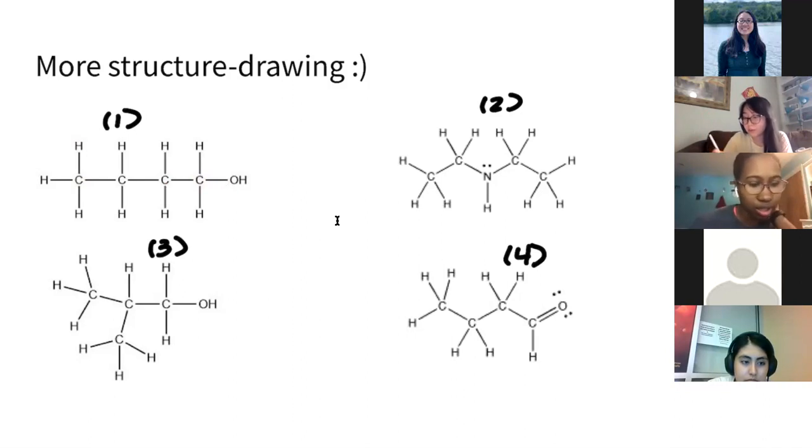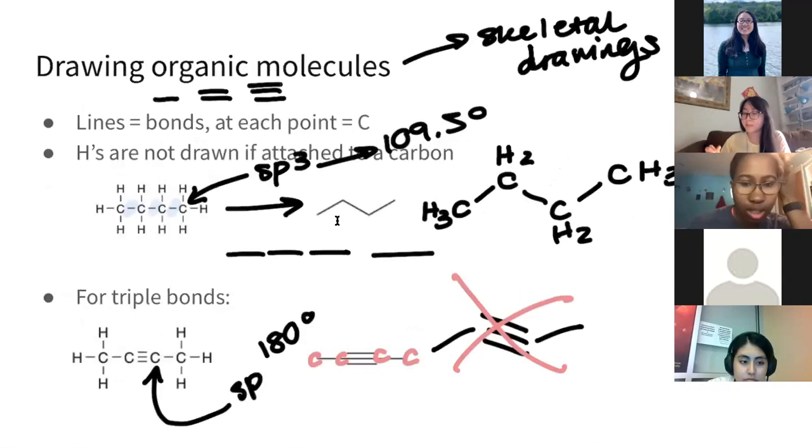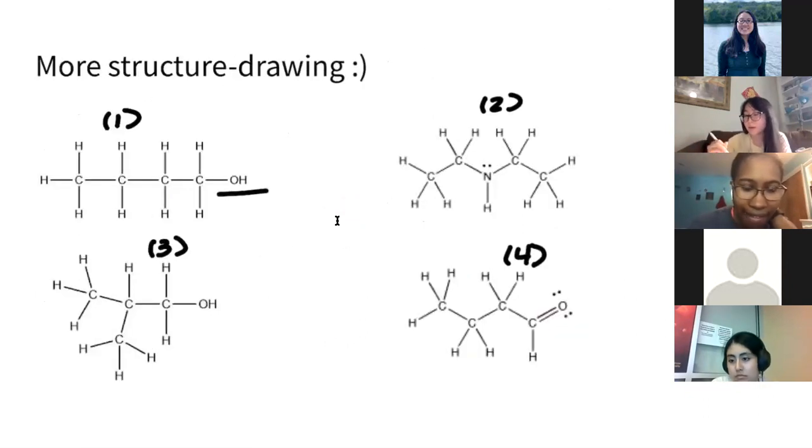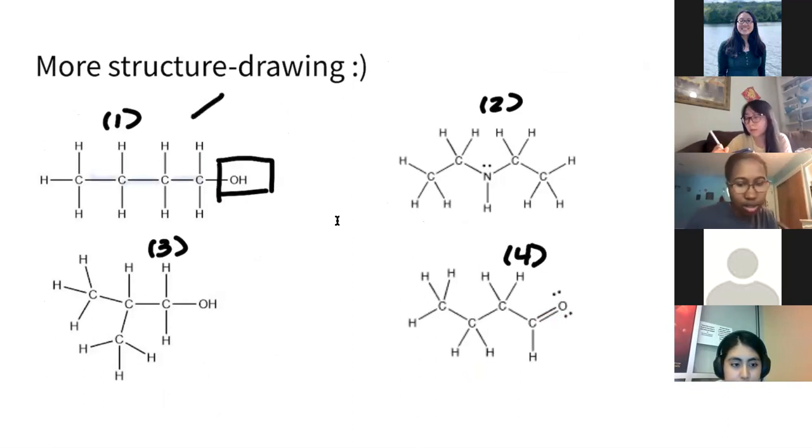Remember, look at your carbons, 1, 2, 3, 4 carbons. Hydroxyl group is OH at the end. Remember, like we said before, at each point you're going to have a carbon. You're not actually going to write in the letter C unless you just want to visualize it a little better. And so for anything that is not a carbon or a hydrogen attached to a carbon, you will actually write it out. So remember, 3 bonds, 1, 2, 3.